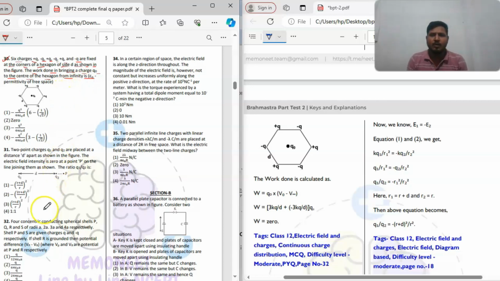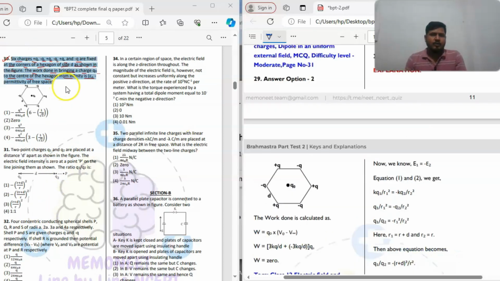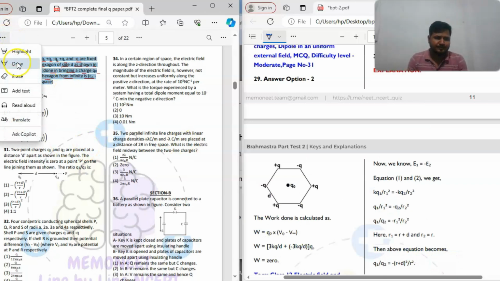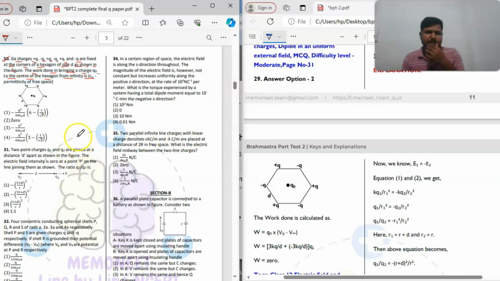We have to find the work done in bringing the charge from infinity to that point. So we will use this formula, W is equal to q (Vf minus Vi), the potential at the final position and the potential at the initial position.